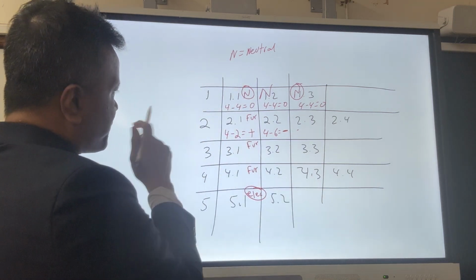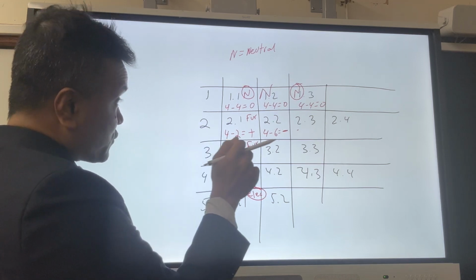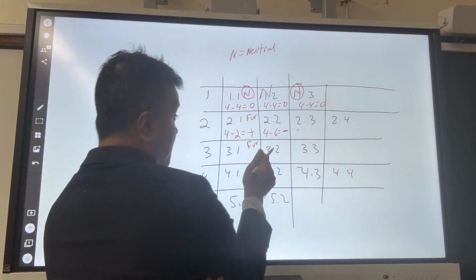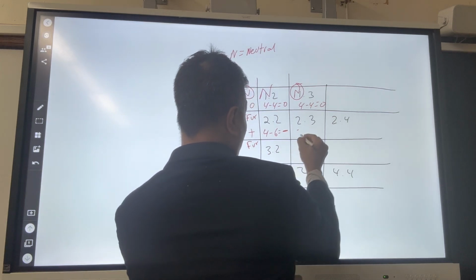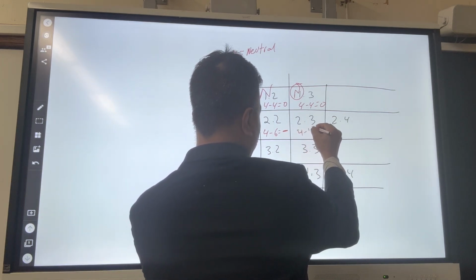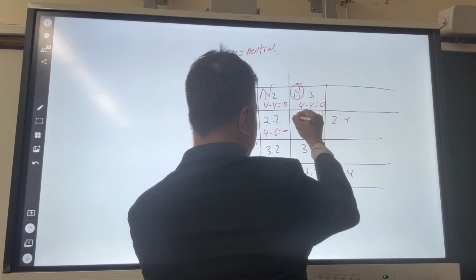Now let's see. The electroscope is now 4.4. 4 minus 4 is 0. So it's neutral, but it's polarized.